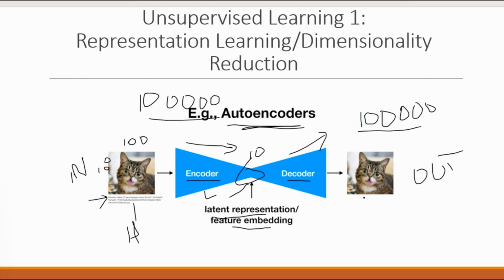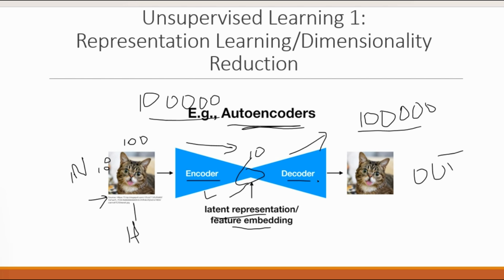So you may be wondering, why would we be interested in that? And why is that a useful exercise? What's the point of this autoencoder if it's just learning how to reconstruct the input? So the interesting part is this latent representation. You can think of this as a compressed version of your data.